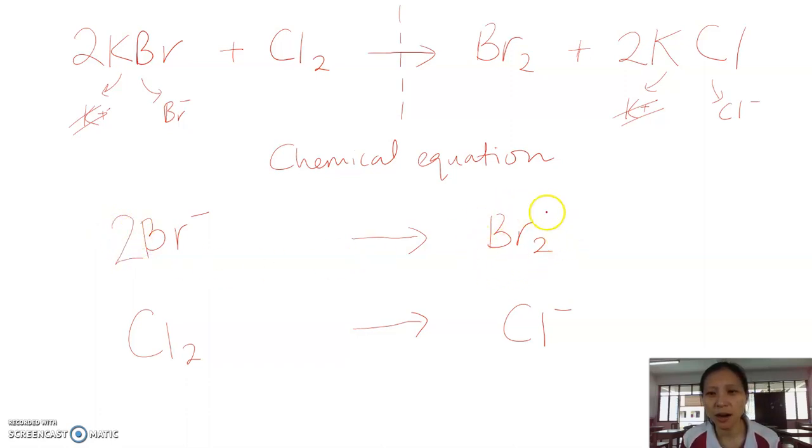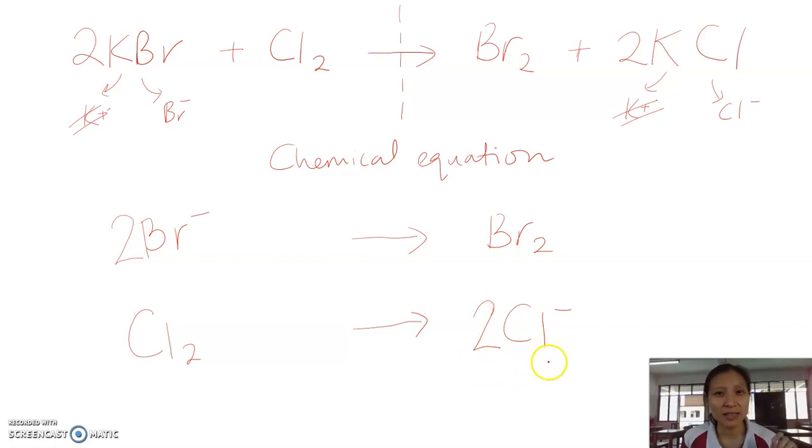Because there are two Brs on the right side of the arrow, and therefore I put a 2 to balance the Br first. And same goes for the chlorine. There are two Cls on the left side of this arrow, and therefore I put 2 in front of Cl-, so that I also have 2 Cls. So there are 2 Cls on the left side and 2 Cls on the right side. The next thing I want to do is to add in the e.